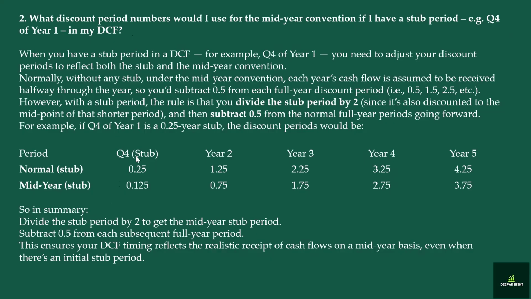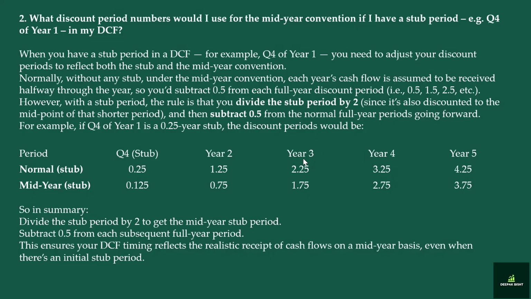So this is a stub period that represents the point 0.25, which represents one quarter of the year. So if we talk about this, under a mid-year convention, we assume that each year's cash flows are received evenly throughout the year and occur on average halfway through the period.